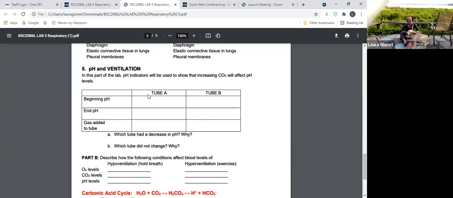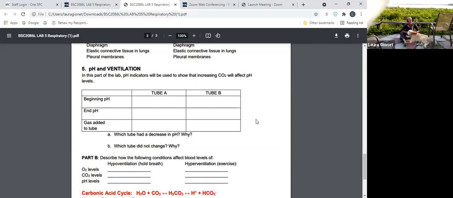Now in tube A, we have a straw that we're going to have one student take a breath in, hold for a moment, and then slowly exhale through the straw and blow bubbles in the water. In tube B, we're going to have a little straw with a bulb at the end that you're going to let fill with air. You're going to depress the straw into the water and squeeze the bulb so that you are forming air bubbles in the water.